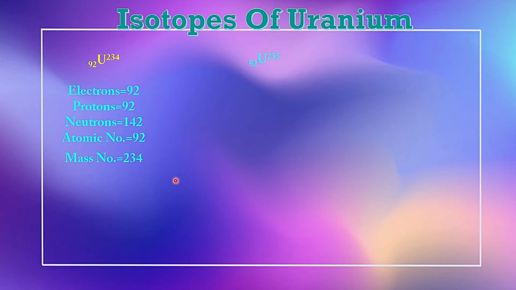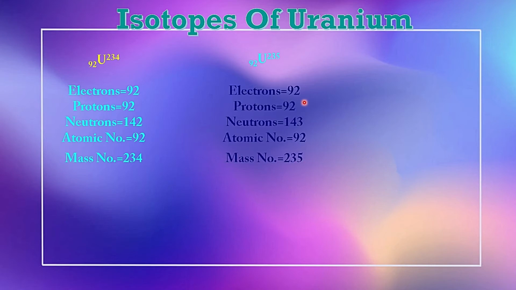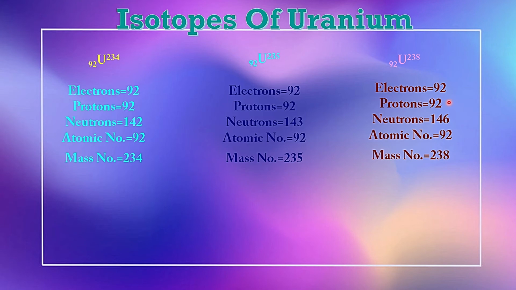Another isotope of uranium is uranium-235, which contains 92 electrons, 92 protons, which are the same, but 143 neutrons, which are different. Atomic number is also the same, 92, and mass number is different, 235. The third isotope of uranium is uranium-238, which contains 92 electrons, 92 protons, but 146 neutrons. 92 atomic number, but mass number is 238.